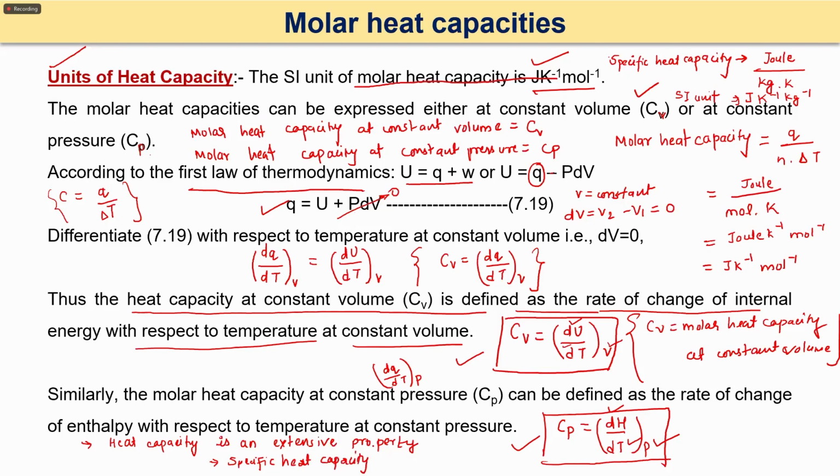And also, in case of molar heat capacity, we are taking the heat capacity per mole. And if we are taking it per mole, then it will also become an intensive property. We know very well that if we divide two extensive properties, then the result will be intensive.